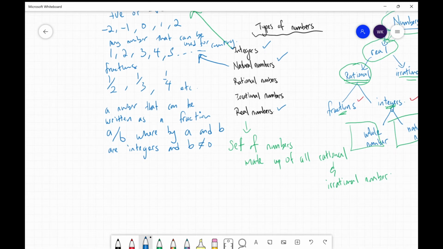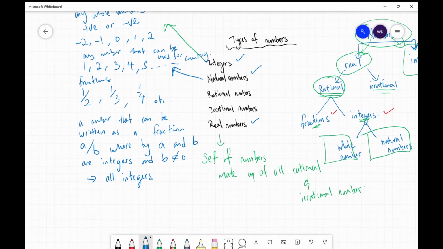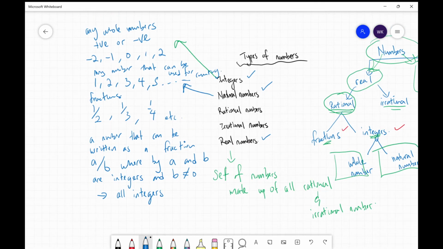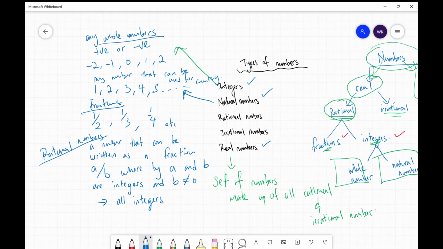Right, so what is included as rational number, right? So it can be all integers, right? So we're looking at rational number. So fraction, whole number. This is natural number.